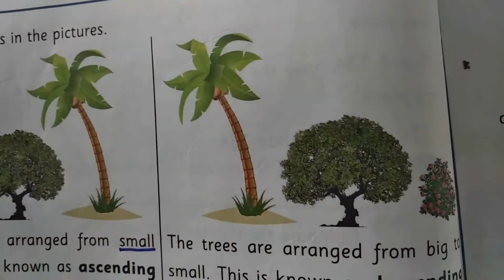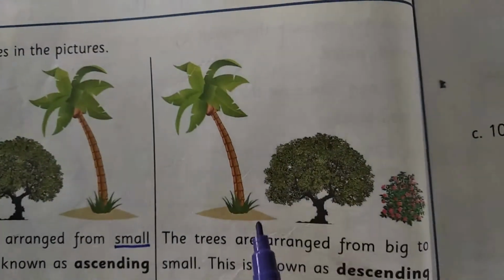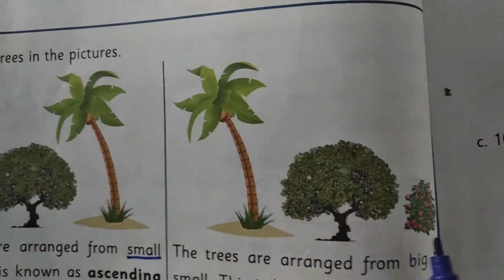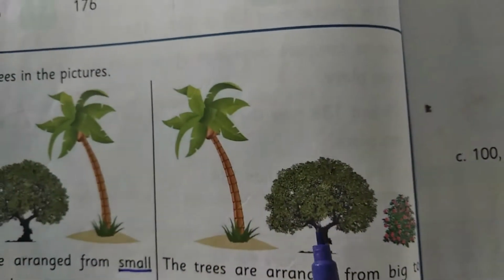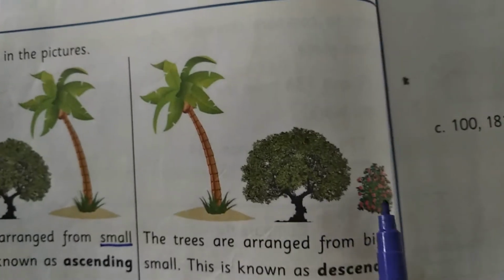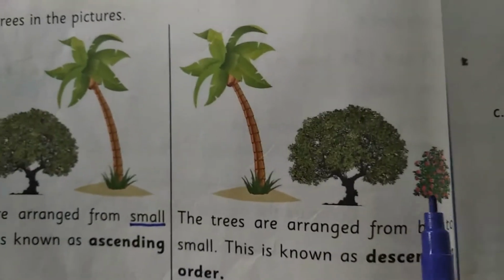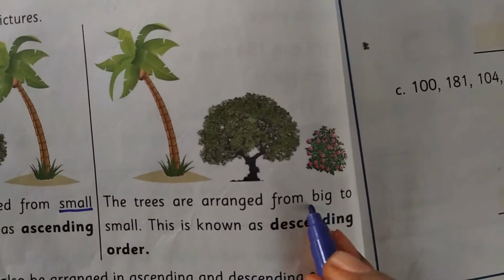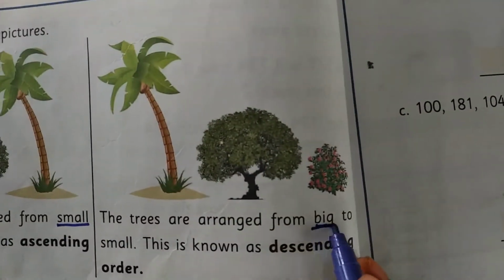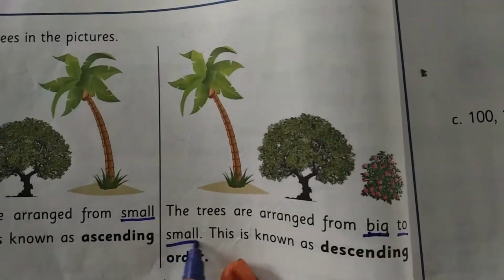See the second picture, children. Here they have given the trees. They have arranged the trees from big to small. See, the tallest tree is there, then a somewhat big tree, then the small plant. So these trees are arranged from big to small.